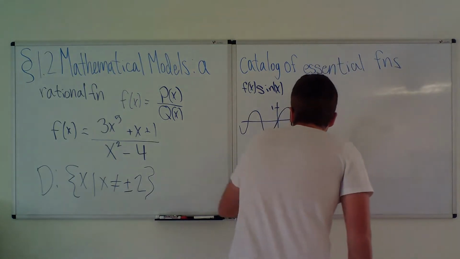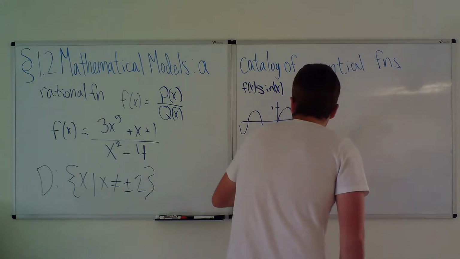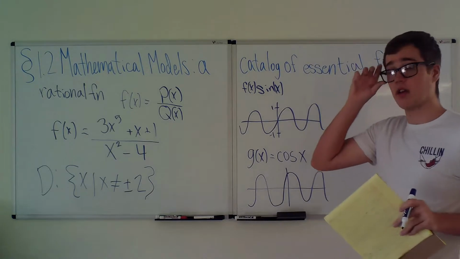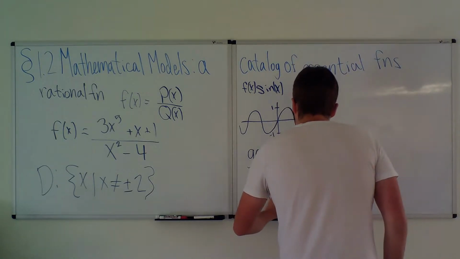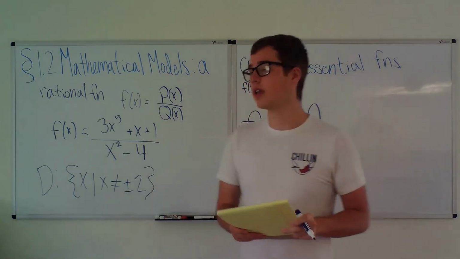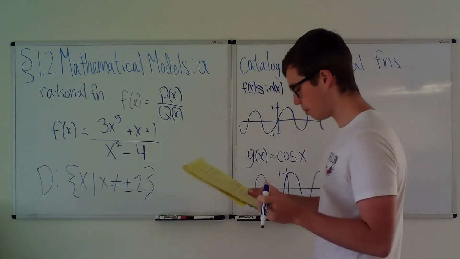So we can see from these graphs that they don't go above 1 or below -1. So that means that their range is from -1 to 1, but it can take any x value from -infinity to +infinity.